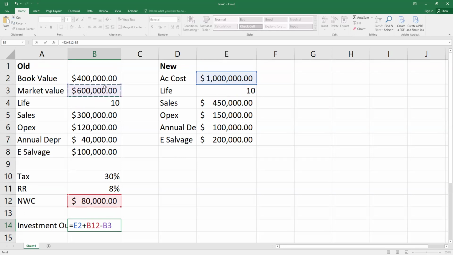And of course, whenever you sell something, you have to pay the tax on that. So plus or minus? Plus. Why plus? Because it's an outflow. So the tax is 30% multiplied by the difference between the market value and the book value. So this minus this.